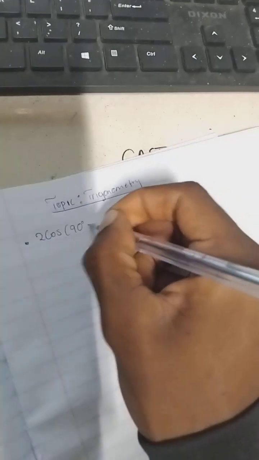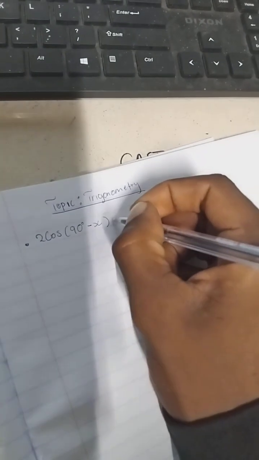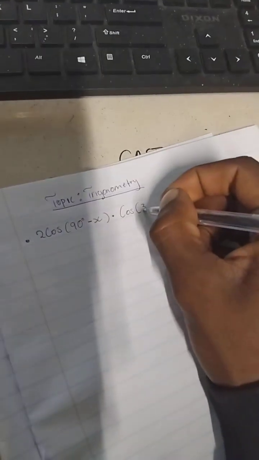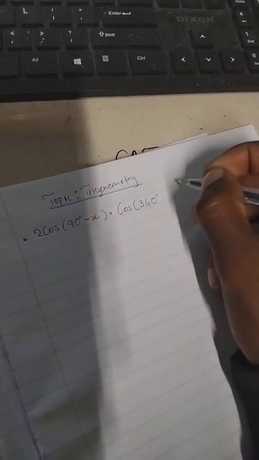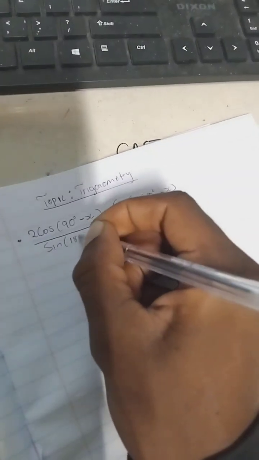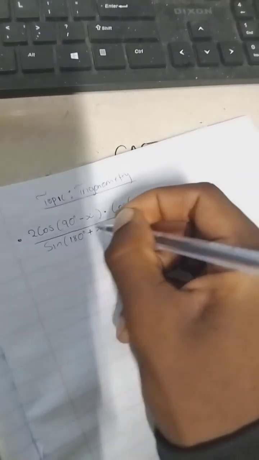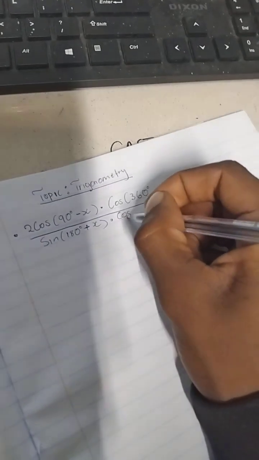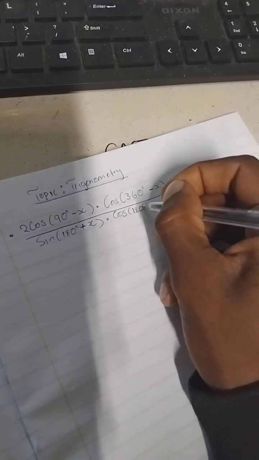So our first question of the day is 2 cos(90 degrees minus x) multiplied by cos(360 degrees minus x), all divided by sine(180 degrees minus x) multiplied by cos(180 degrees minus x).